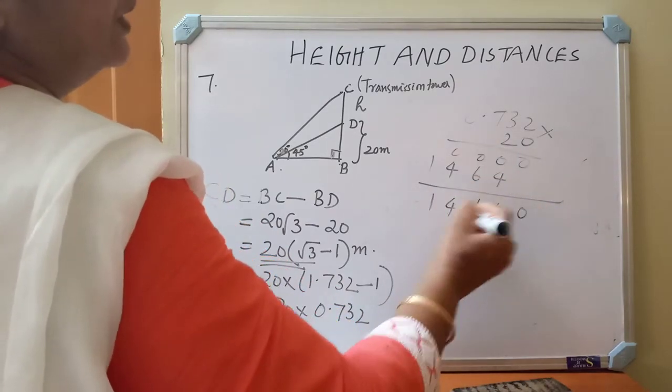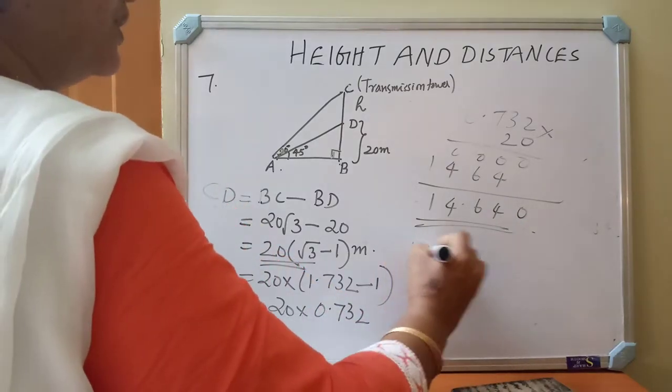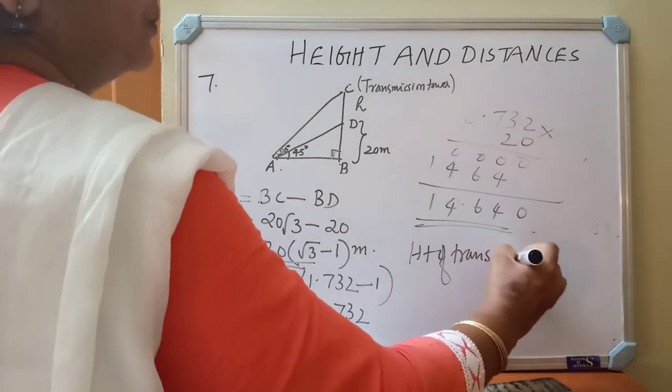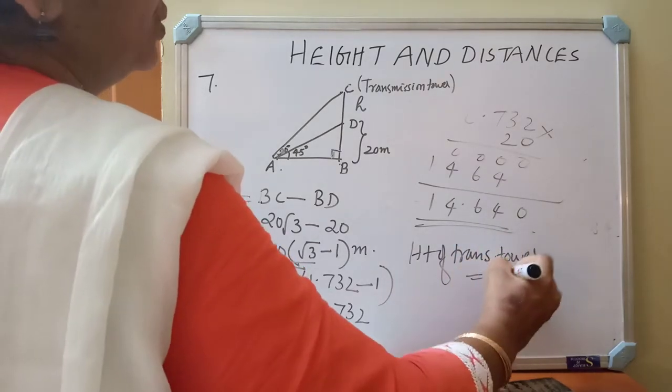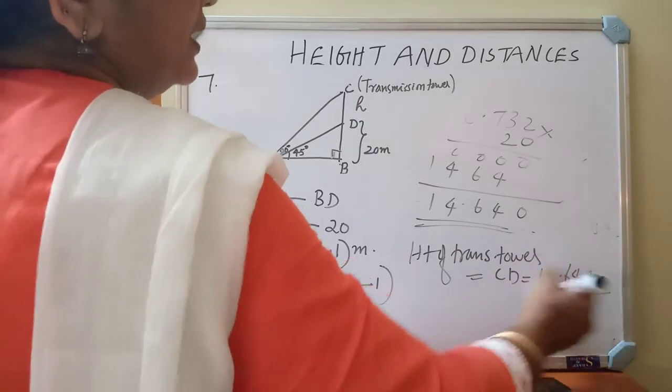So, what will be the height of the transmission tower? Height of transmission tower equal to CD, that is equal to 14.640 meter.